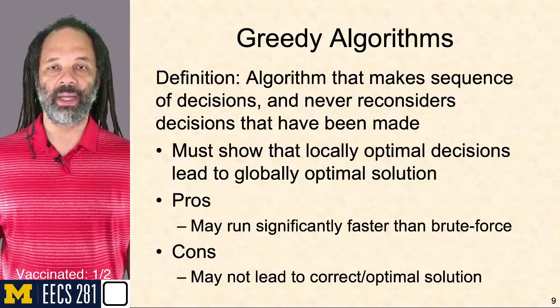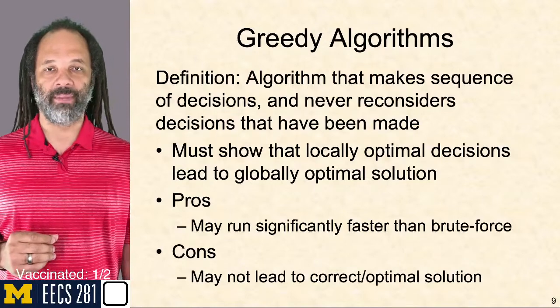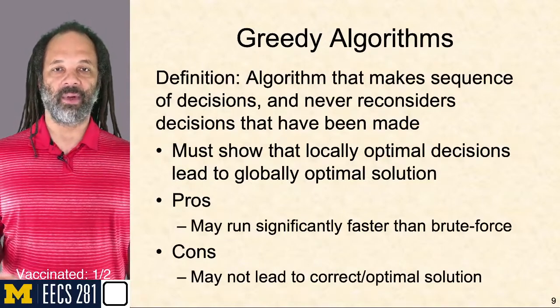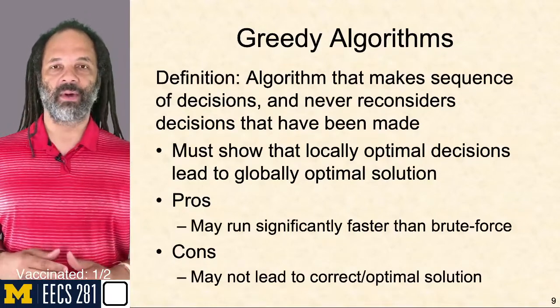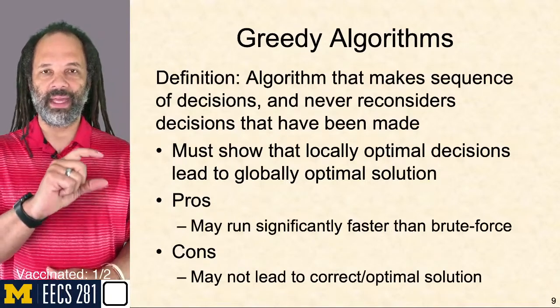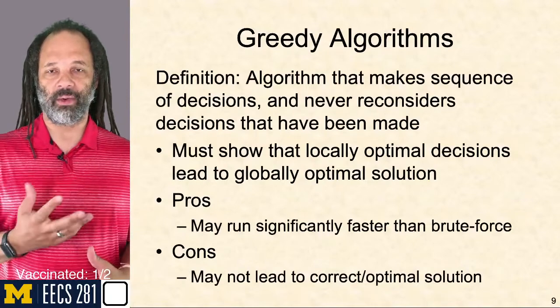Sometimes you get a globally optimal solution. Sometimes you don't. A globally optimal solution is a full solution, made up of all of these small steps, that's actually optimal. So we have to prove that our greedy algorithm is globally optimal. It's usually pretty easy to figure out what the steps in a greedy algorithm are.